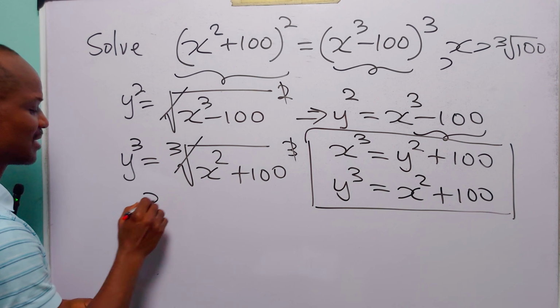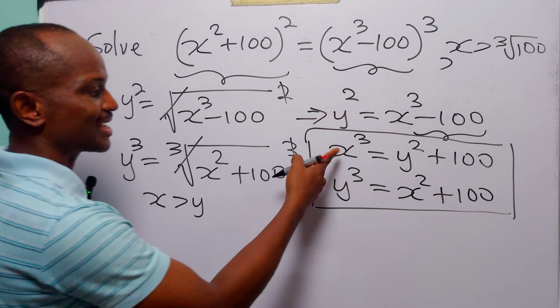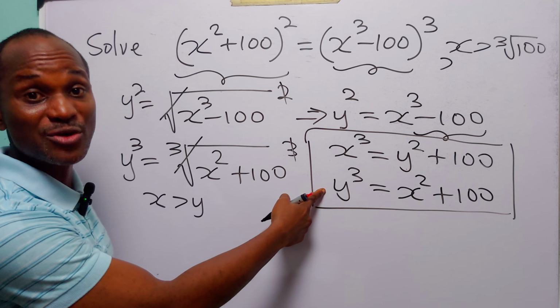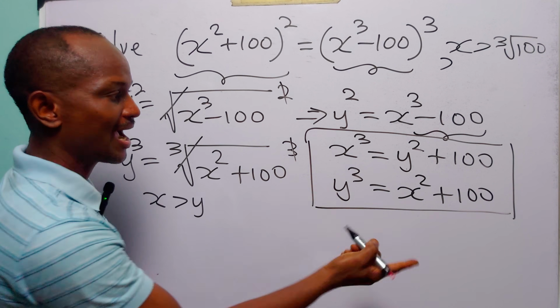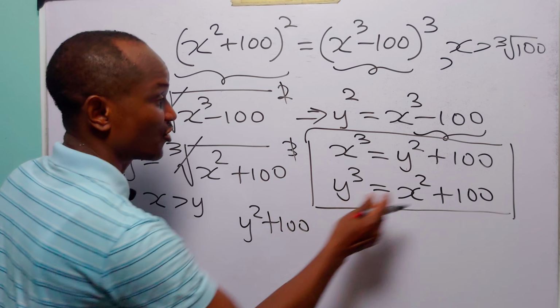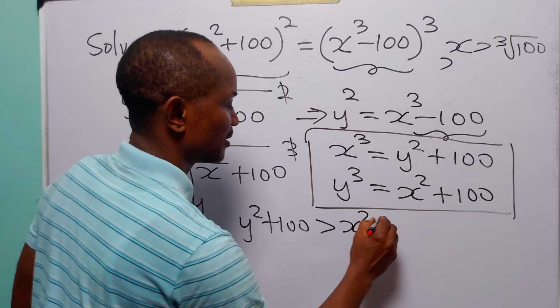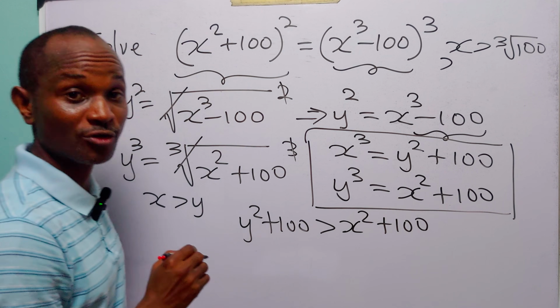Now, let us assume that x is greater than y. Then that means that x cubed must also be greater than y cubed. And that simply means that y squared plus 100 must be greater than x squared plus 100.